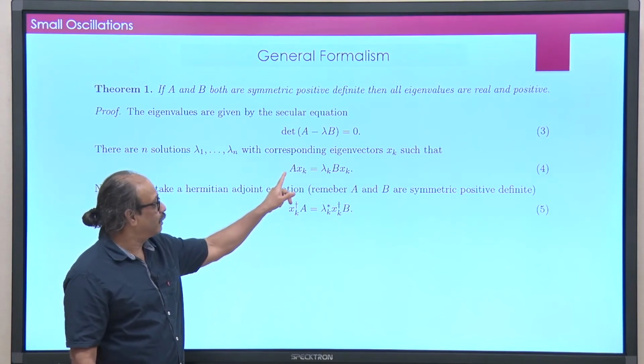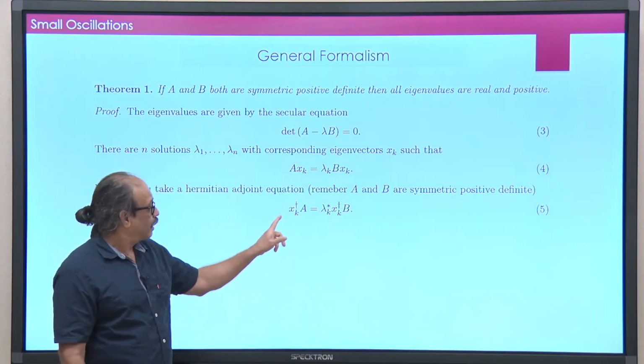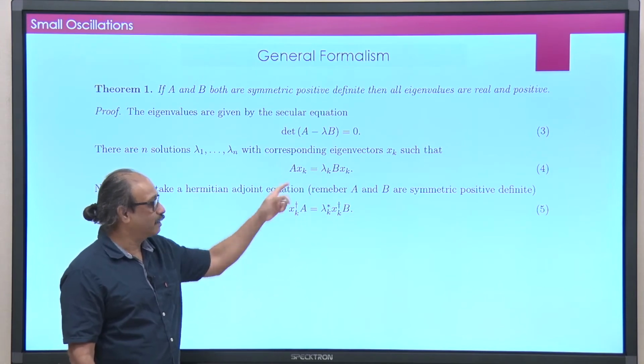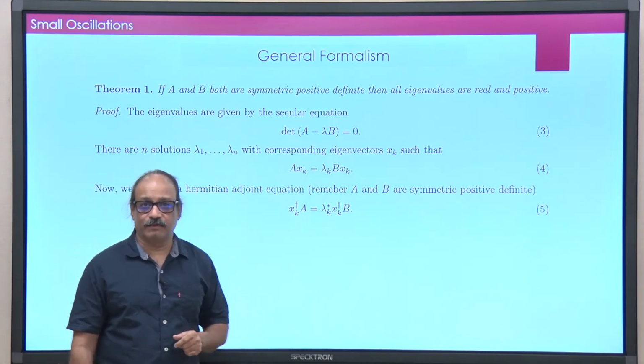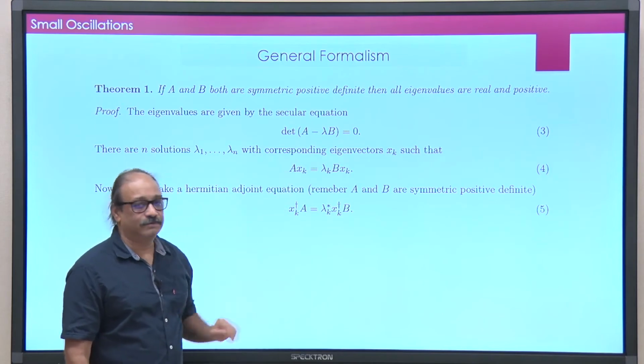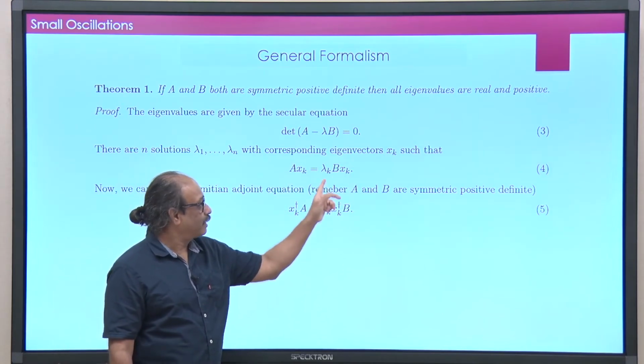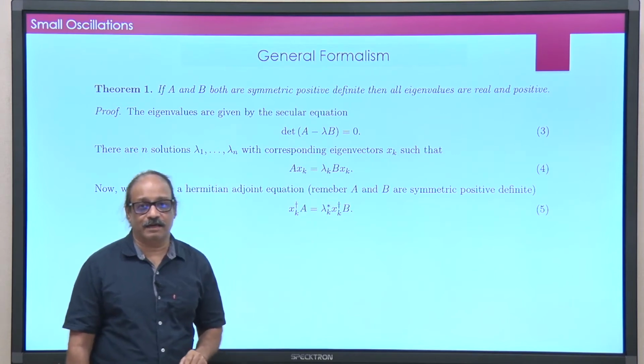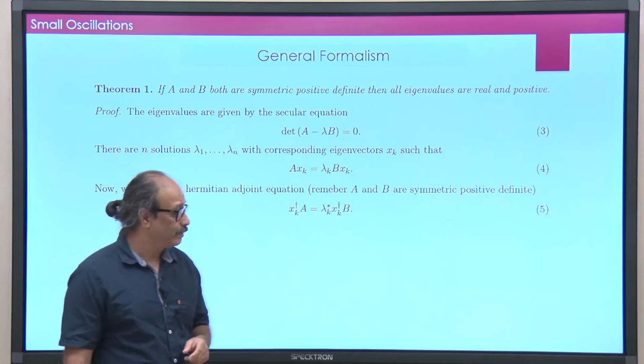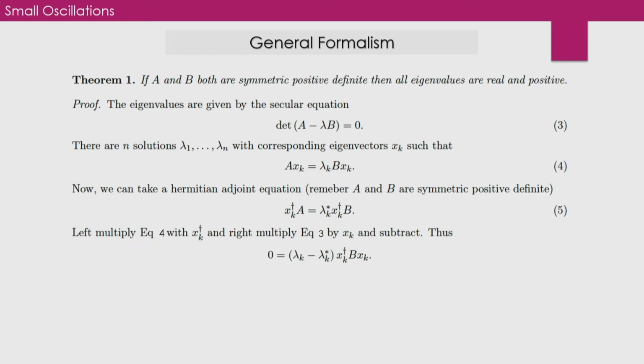Now, look at what you will get. You will get x k dagger A x k here and x k dagger A x k here also. So, if you subtract these two equations, the left hand sides would cancel. On the right hand side you get something similar, except that lambda k and lambda k star may not be equal.